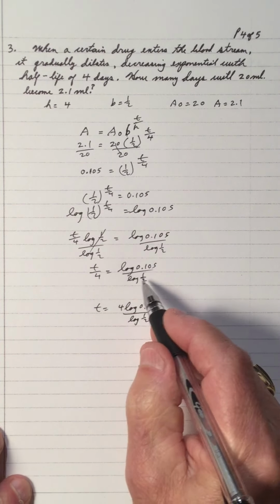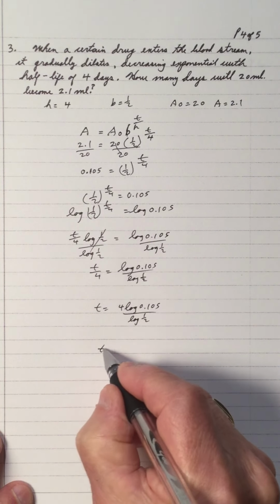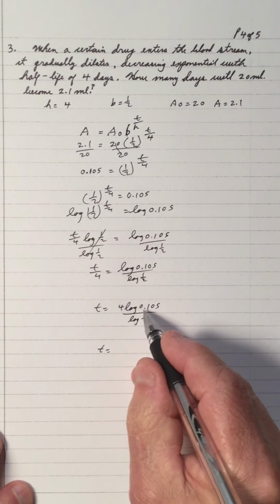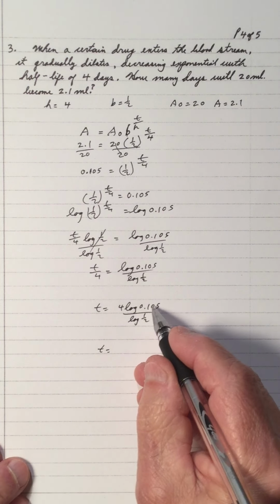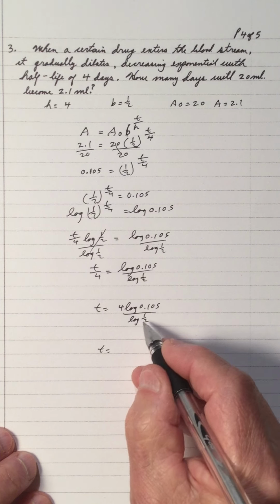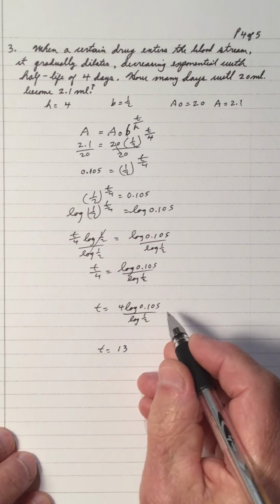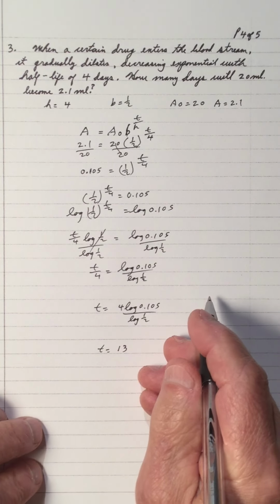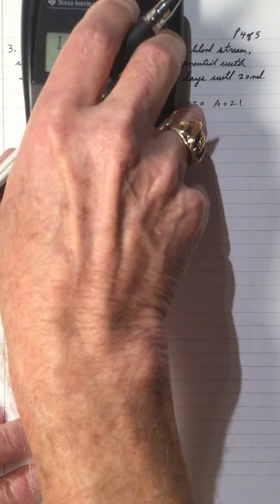You cross multiply and then divide by log of a half. If you take 4 times the log of 0.105 and divide it by the log of 0.5, it comes out to be 13 days.